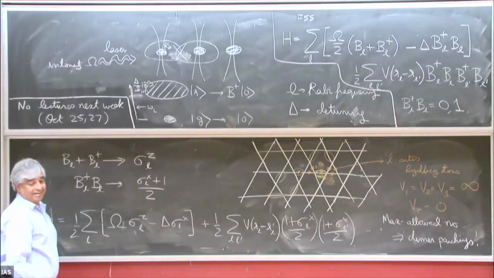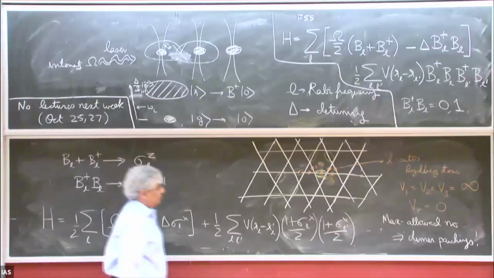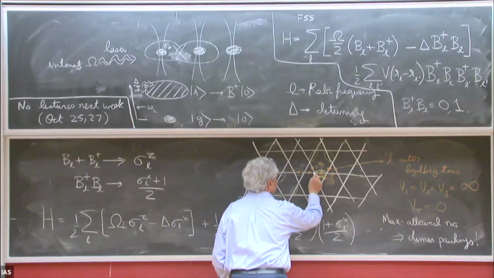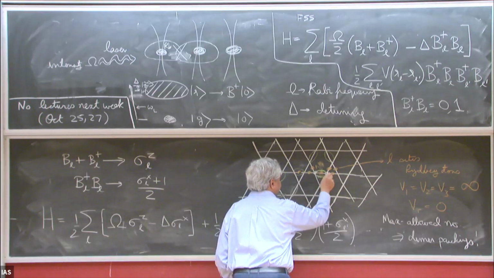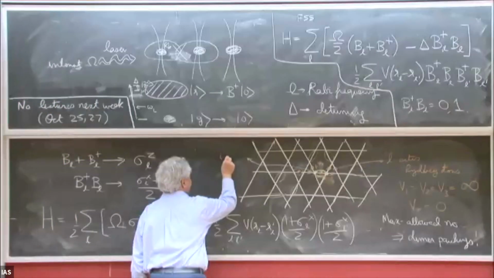That's not the kind of term we had in our Z2 gauge theory. However, we can make this a Z2 gauge theory by introducing a matter field. So let me introduce another set of sites, called the I sites, which are the vertices of the Kagome. So these are the I or J sites.